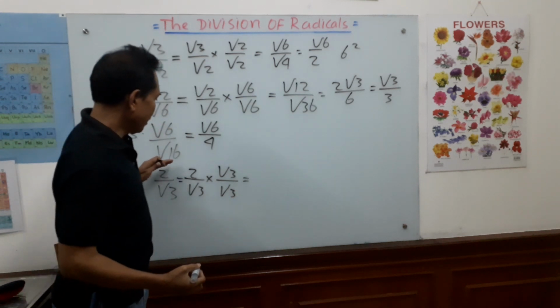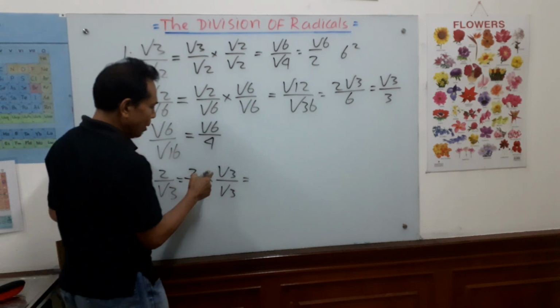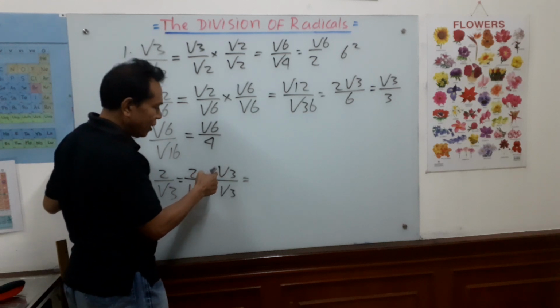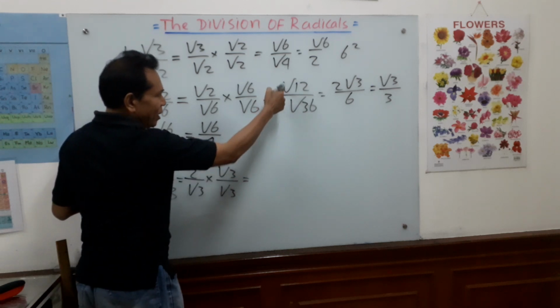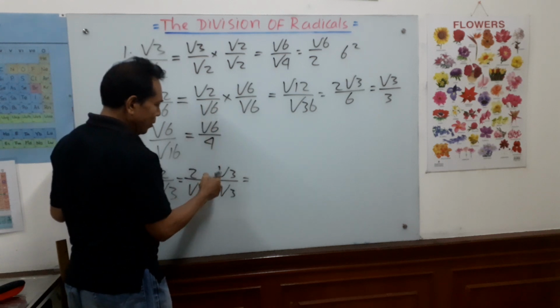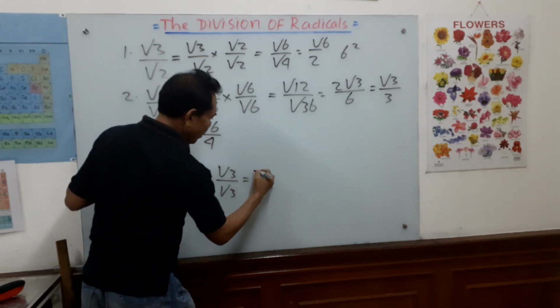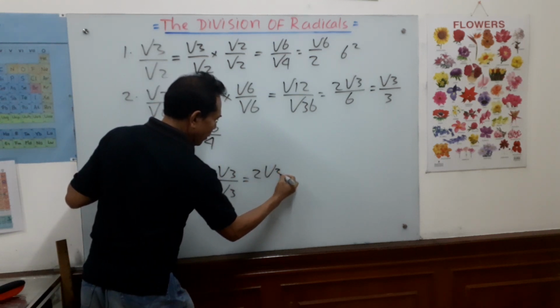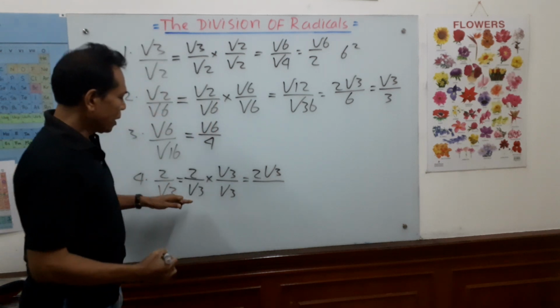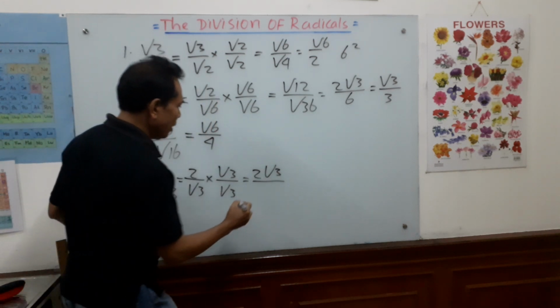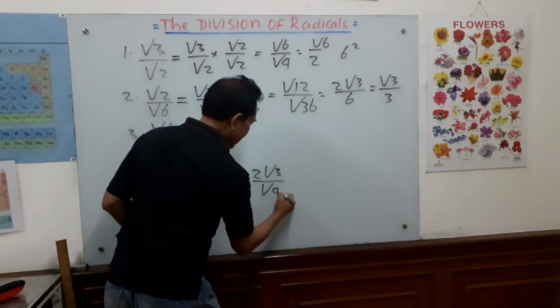We can cross multiply this. Remember there is 1 here, but we normally don't write it. So 2 times 1 is 2, 2 square root 3 over square root 3 times square root 3 is square root 9.